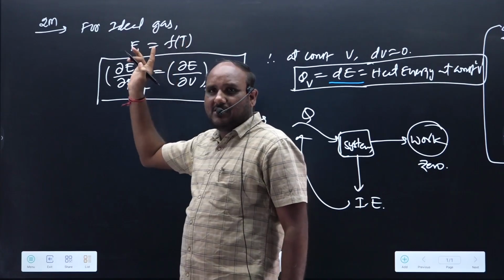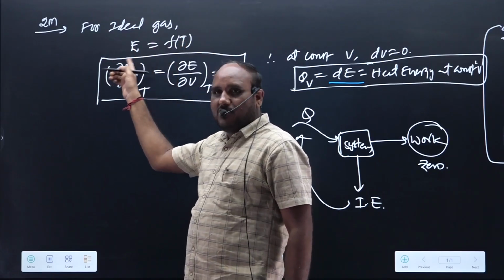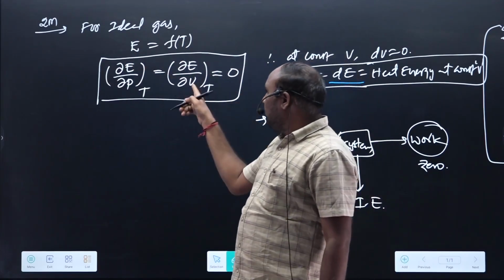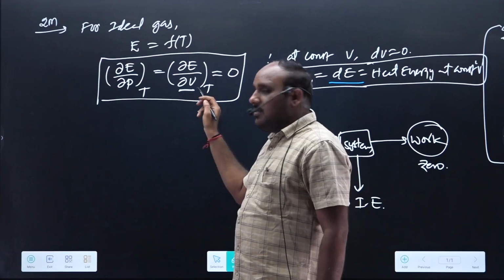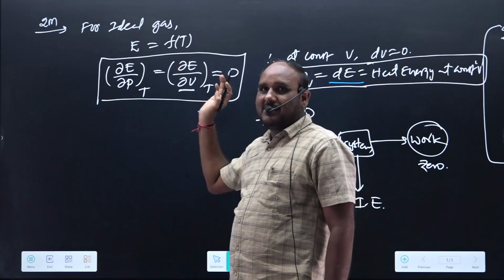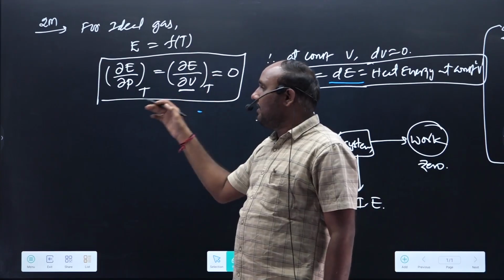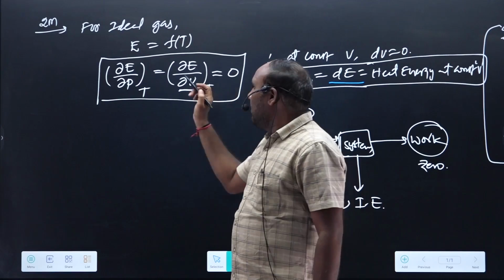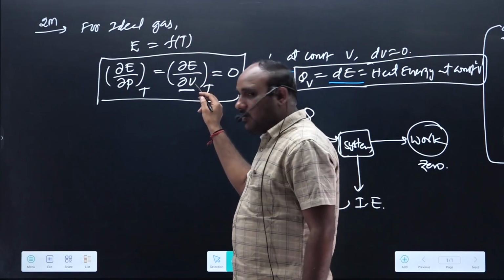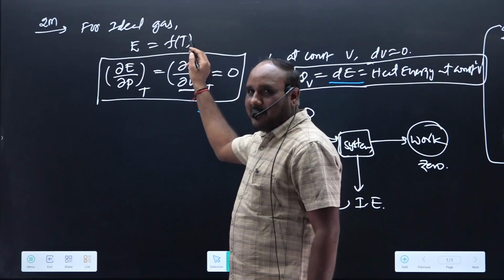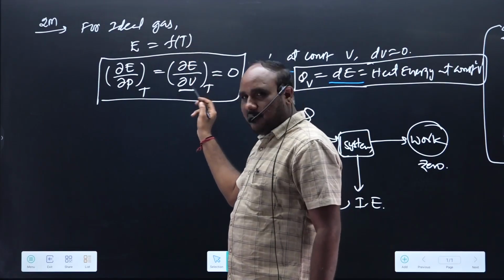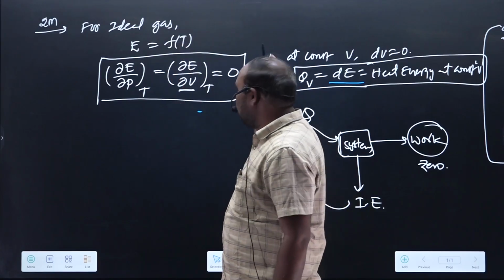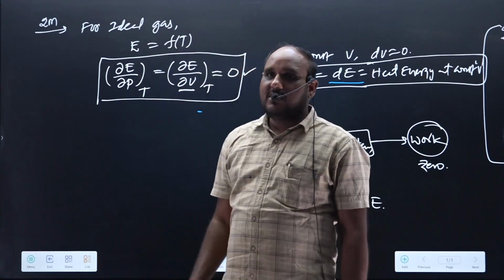No pressure terms are there, so it becomes constant, and the differentiation of a constant is 0. Similarly, differentiating with respect to volume: internal energy is a function of temperature only, so temperature remains constant, and the differentiation is 0. There is so much meaning in the equations, so we don't write every time in sentence form; we have to understand with the help of the equation.